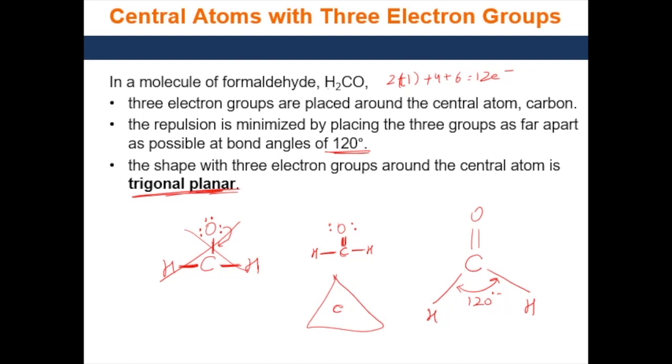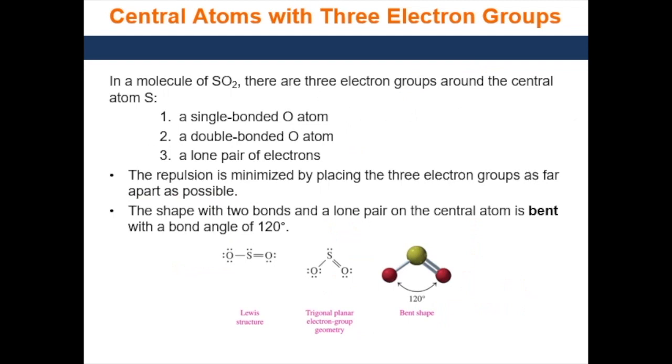But there are also cases of 3 electron groups where one of them is a lone pair. So for instance, if you draw the structure of SO2, the central atom has one bond, then a double bond, meaning a second electron group, and a lone pair. So if it has 3 electron groups, and one of those is a lone pair, the structure is no longer trigonal planar.